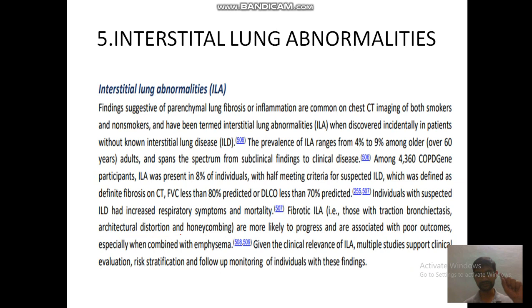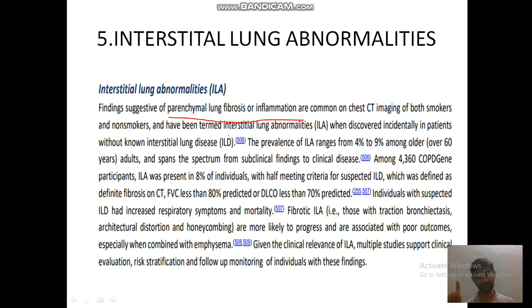Interstitial lung abnormality, this term you might have heard in the latest IPF and PPF ATS guidelines, which were released in May 2023. This time he has added it even in the GOLD guidelines. What he says is that when we get an HRCT thorax or X-ray of a COPD person, many times we can find parenchymal lung fibrosis and inflammation, but the patient is not symptomatic for ILD.